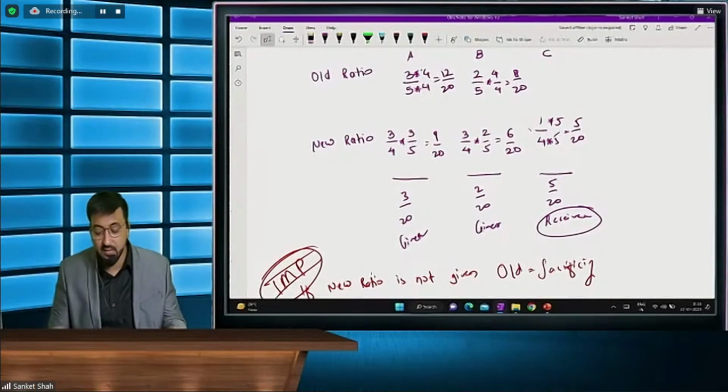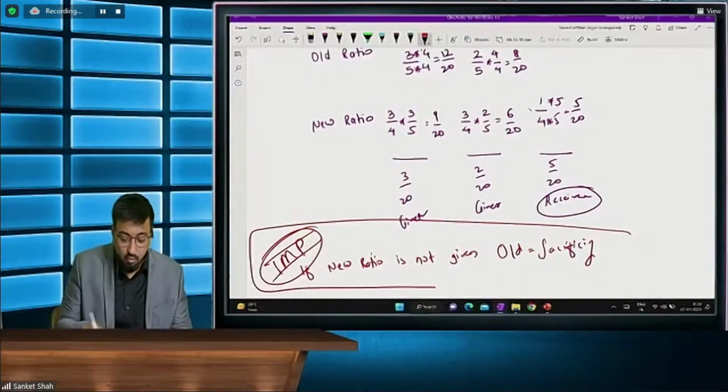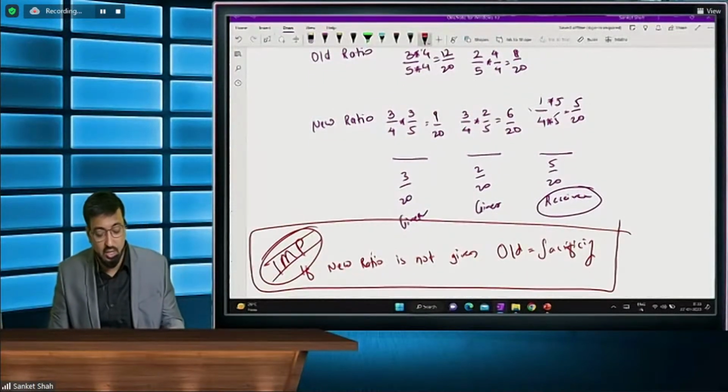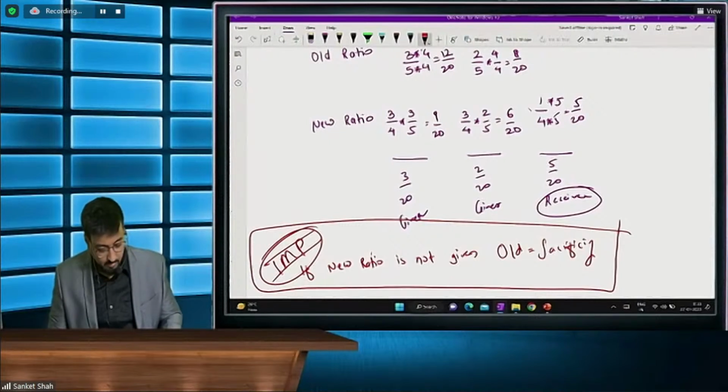And please write this sentence. Everyone write it in the comment section. If new ratio is not given in the question, then old is equal to sacrificing ratio. Old is equal to sacrificing ratio. Right. Write quickly in the comments. Keep writing.